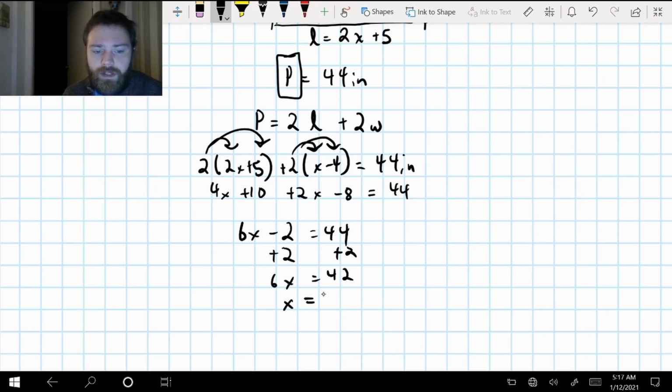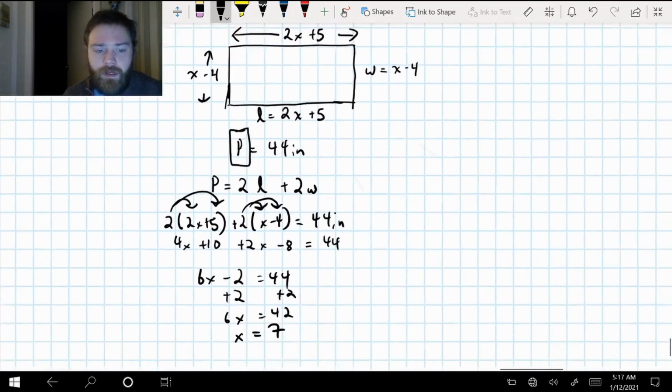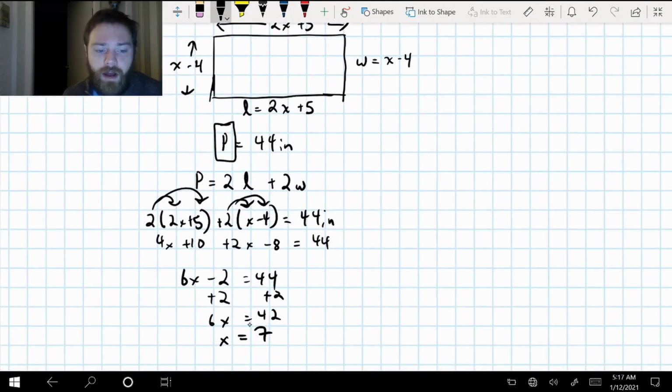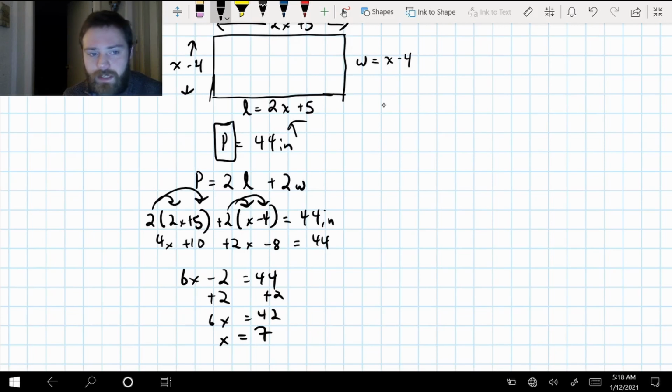And what this tells me is that x equals 7. So since I have the value of x, I've found the number, and I can find these side lengths, okay? So if I come up here and I plug in 7 in for these x's, right here I get 2 times 7, which is 14, and then 14 plus 5 is 19, so the length is 19, and then the width is going to be 3.